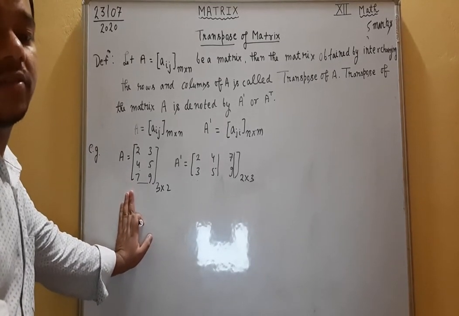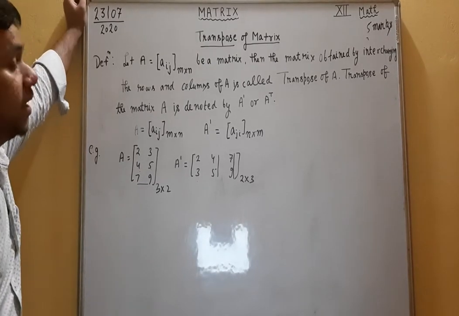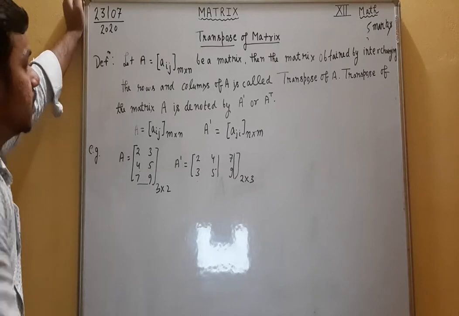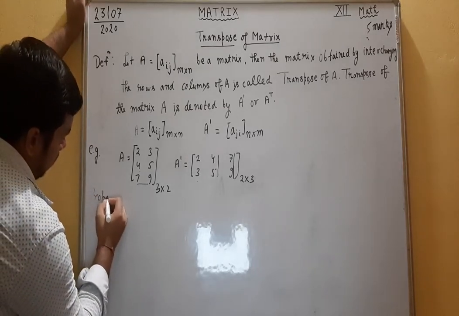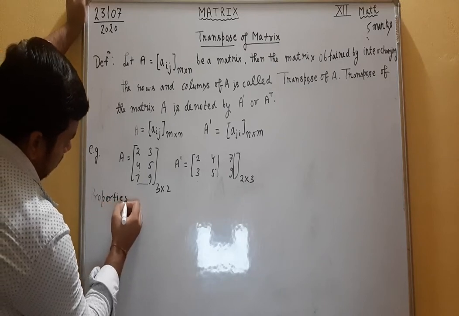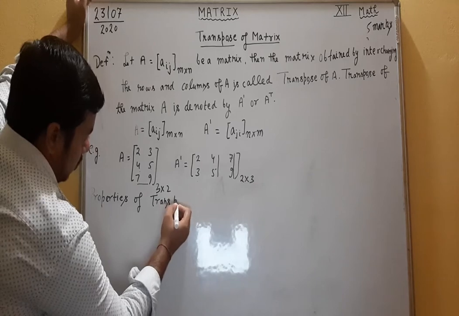Now, on the basis of the transpose, there are some special types of matrix. Before that, there are some properties of the transpose. What are these properties? Properties of transpose.